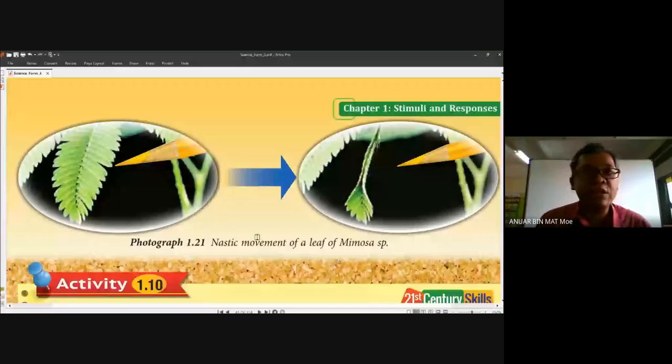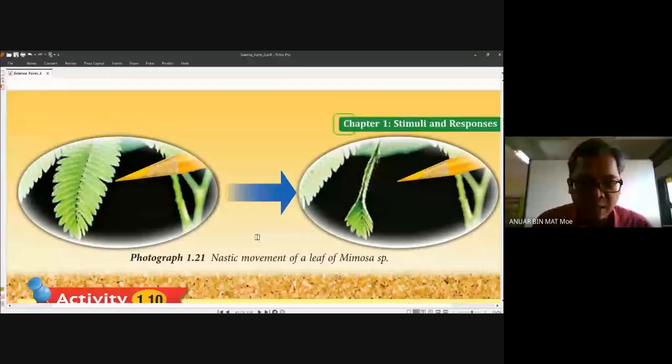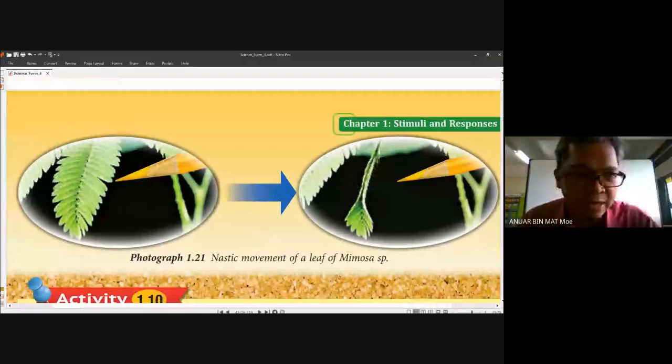If you touch the plant, suddenly it will collapse and close. Very fast response. So for nastic movement, the response is fast.